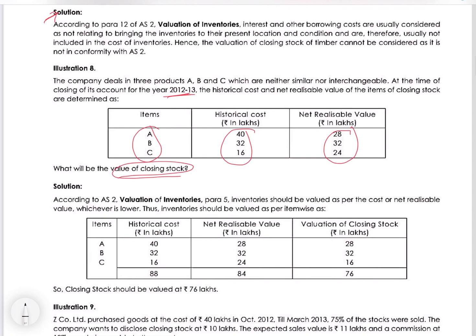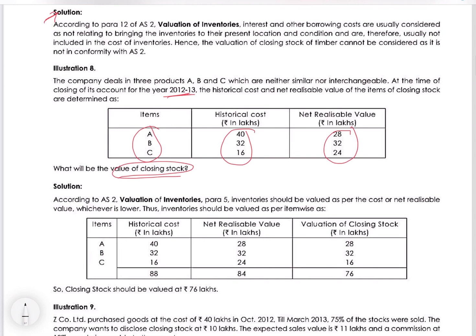We have read in AS 2 that if each item in the stock is different, not similar and cannot be interchanged, then it has to be valued separately. What do you mean by valued separately?